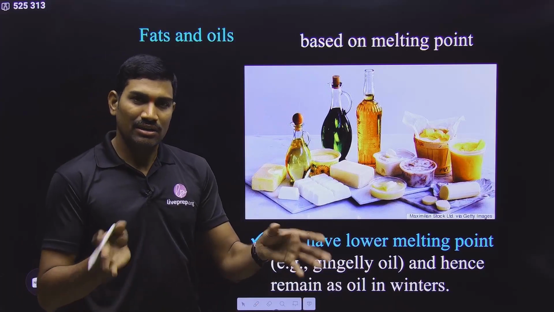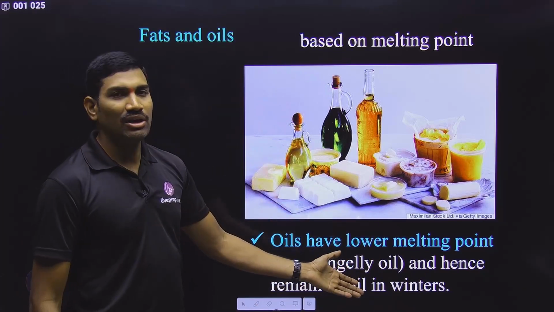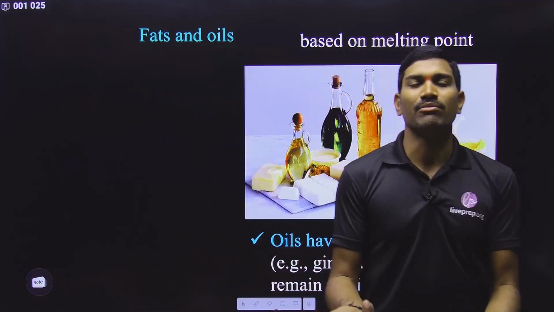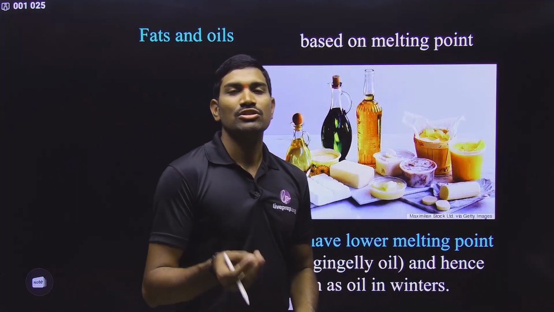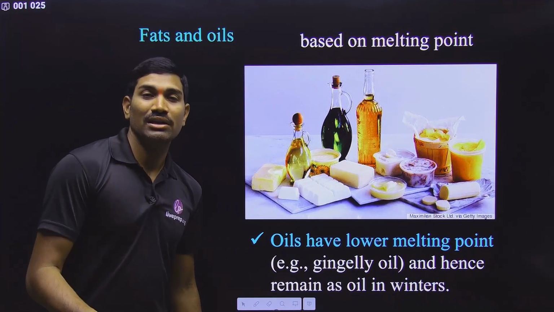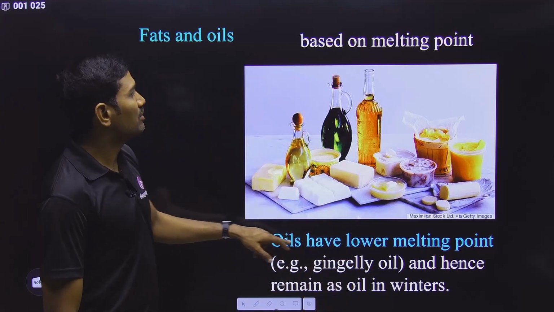This is the conclusion they give. Understood or not? Gingerly oil, even in winter, is in liquid form only, so you can consider it oil. Ghee or vanaspati are present as solids, so you can consider them fats. These are some standard examples.